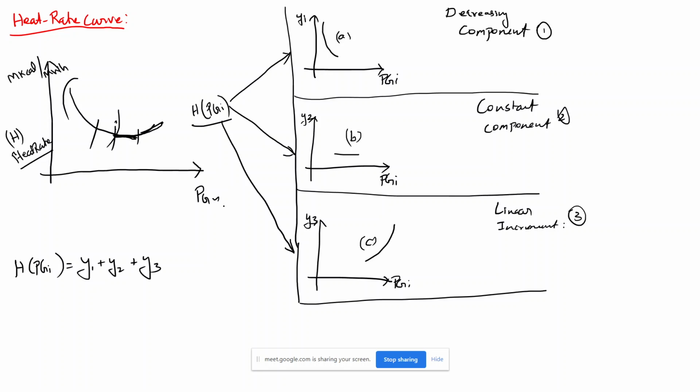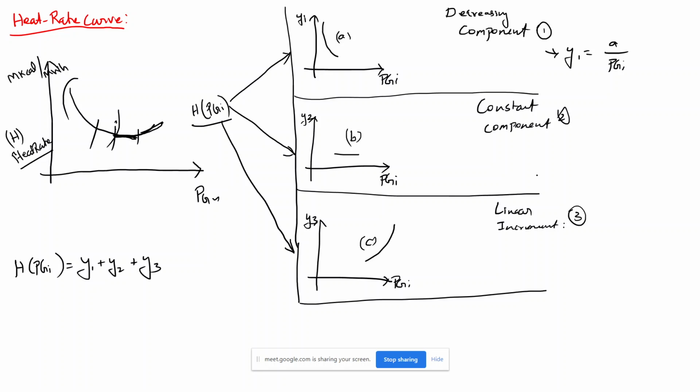And here you can see this curve, if this is A, and this A is decreasing with respect to this PGI. So Y1 I will write like this: Y1 is A divided by PGI.